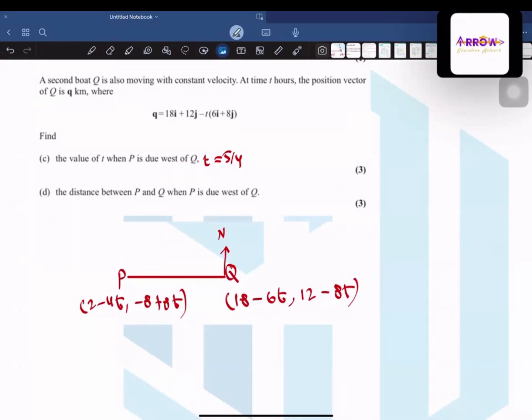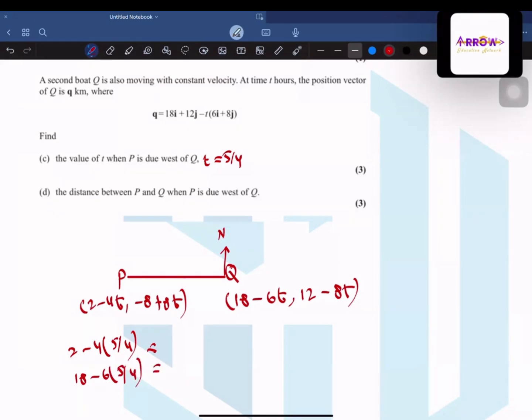All you need to do is substitute the value of t into the i components, and that would be enough, because finding the j components is not required, as you know that PQ is a horizontal line. So just the change in the i components would be enough, and it will give you the answer. So 2 minus 4 times 5 over 4 and 18 minus 6 times 5 over 4. So just evaluate these values.